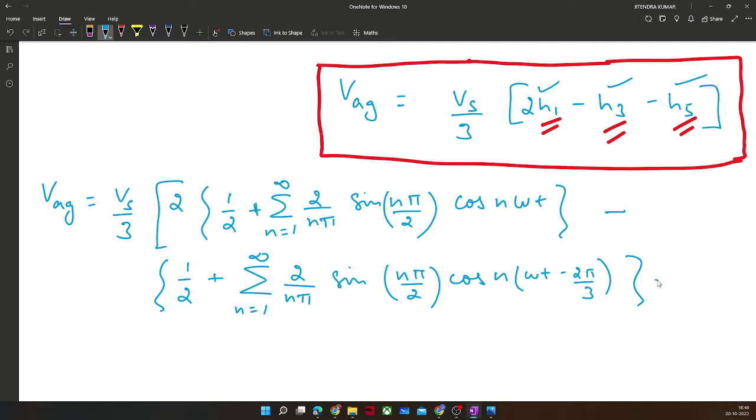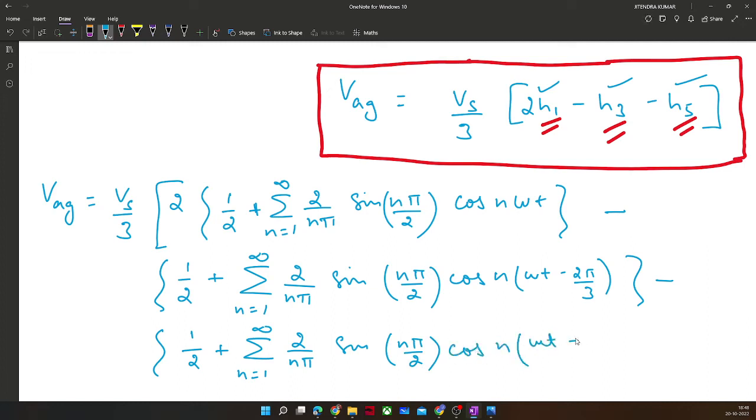So this was H3 and again H5. You can write 2 by n pi sin n pi by 2 cos of n omega t plus 2 pi by 3. So this was all H2, H1, H3, H5.